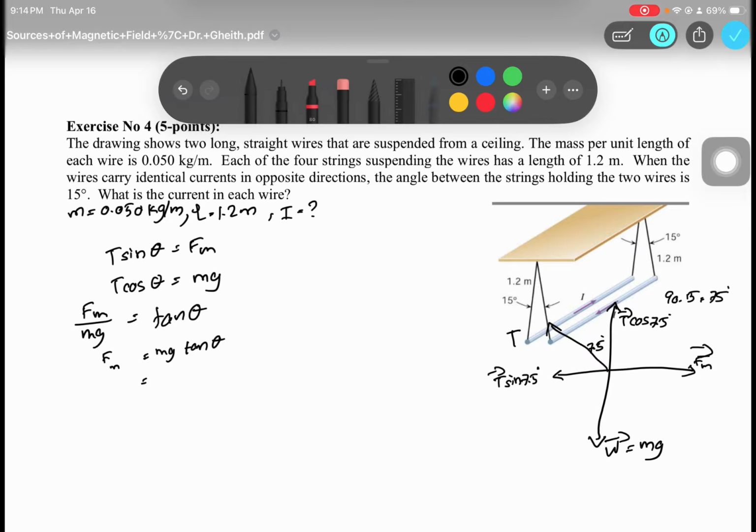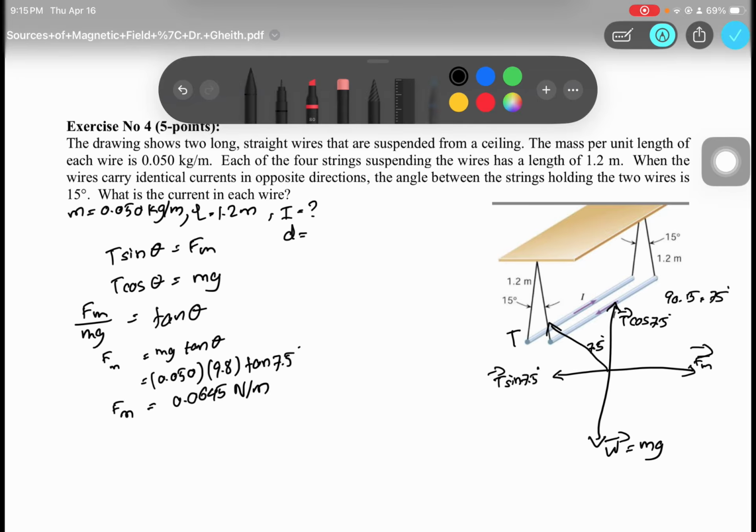We know the mass: 0.050 into 9.8 into tangent 7.5. When we solve this, we get Fm is 0.0645 Newton per meter.